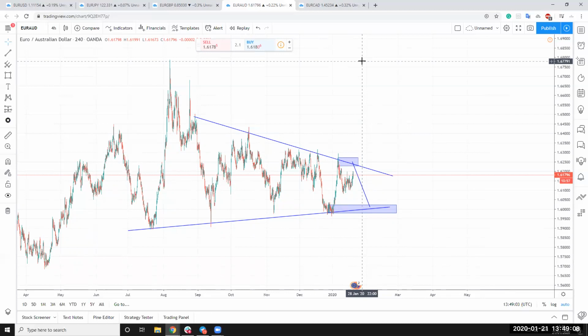But once we see high impact news for AUD, we usually always get a reaction for Euro AUD. Sorry.